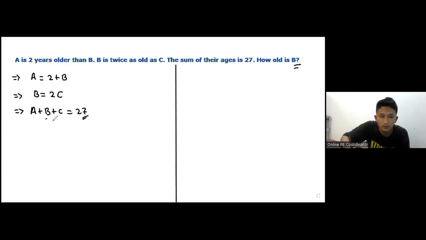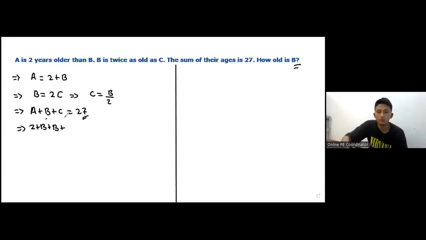A equals 2 plus B, so we can substitute A with 2 plus B. Keep B as B, plus C. We can rewrite B equals 2C as C equals B by 2.